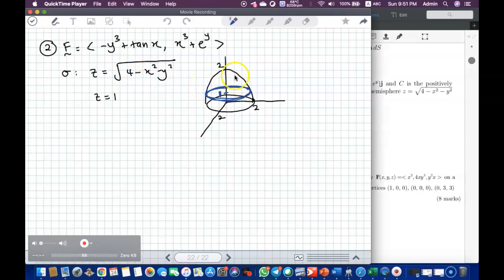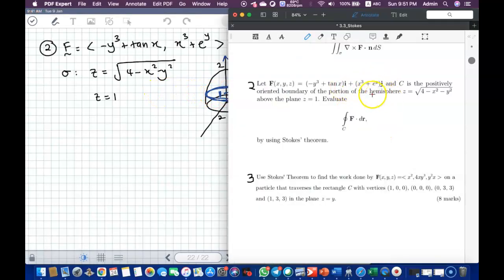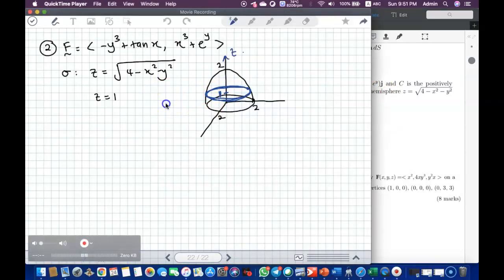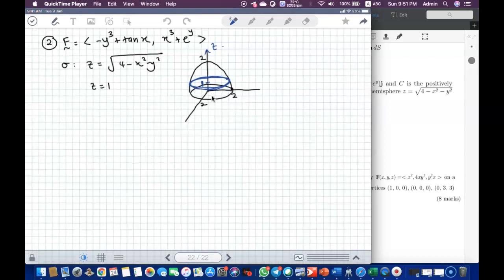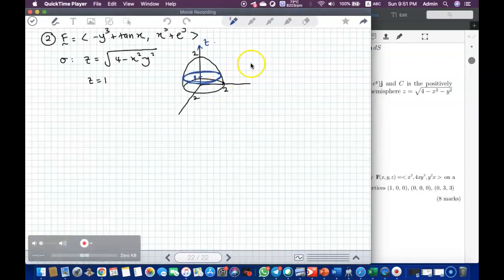So we know that we have a sphere with radius 2, but since z is always positive, we have a hemisphere like this, and C is a portion of the hemisphere above z equal to 1. So it is not at z equal to 0, but at z equal to 1, this blue one. So this is your C, the blue one, lying on z equal to 1.